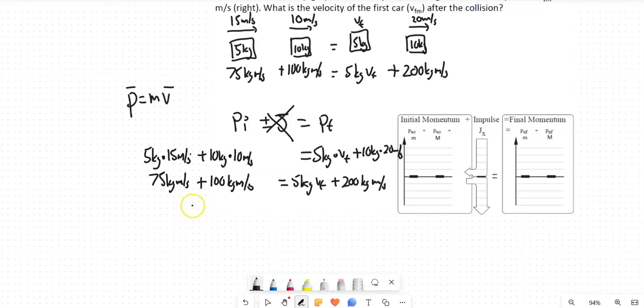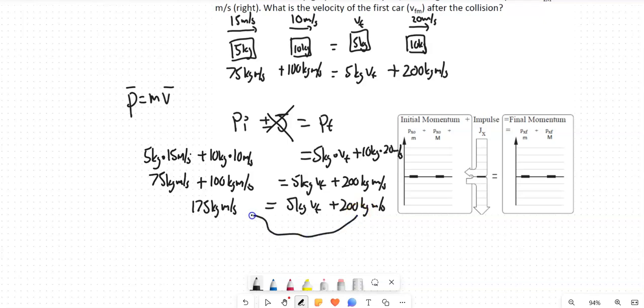So the storyboard ends up becoming this equation. Altogether, this right side is 175 kilogram meter per second, and that's equal to 5 kilograms V final plus 200 kilogram meter per second.